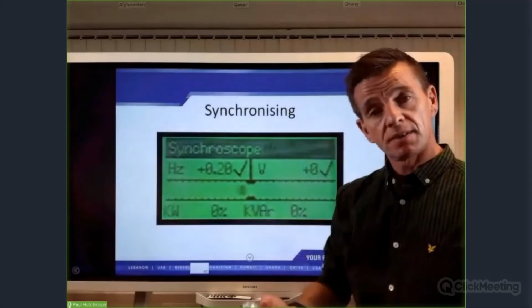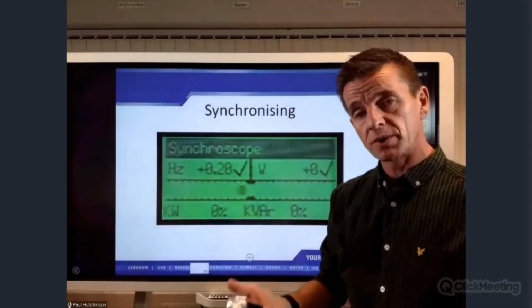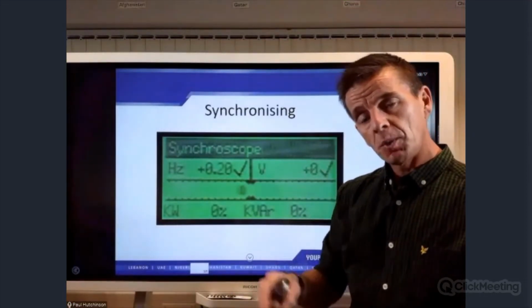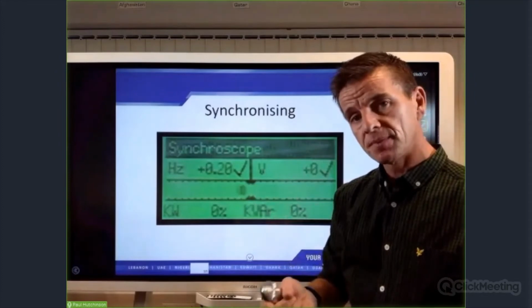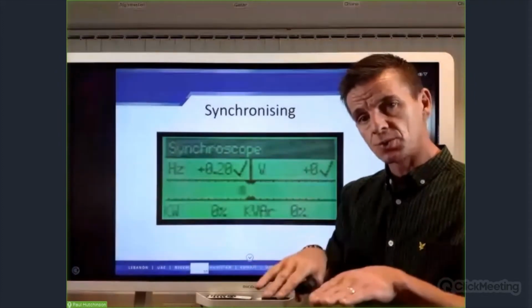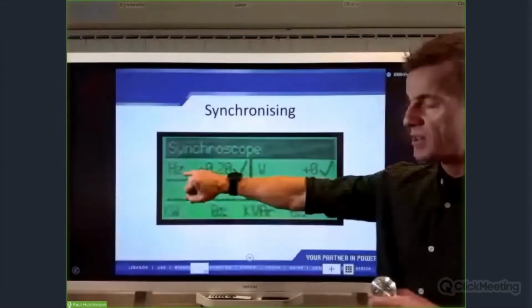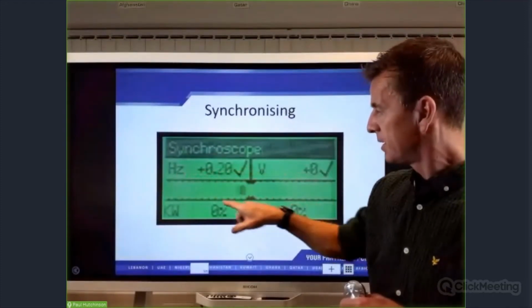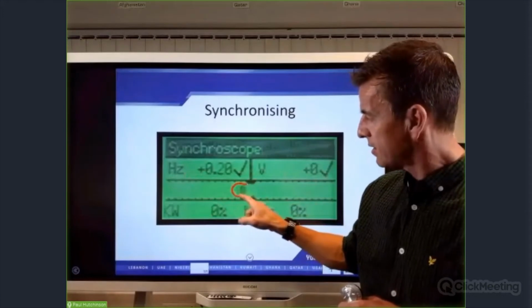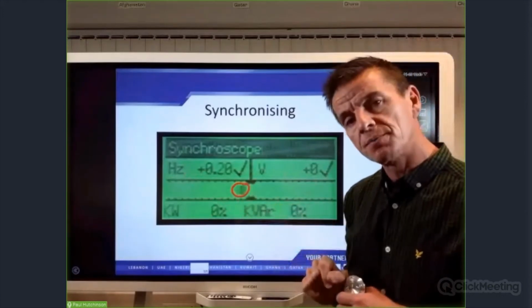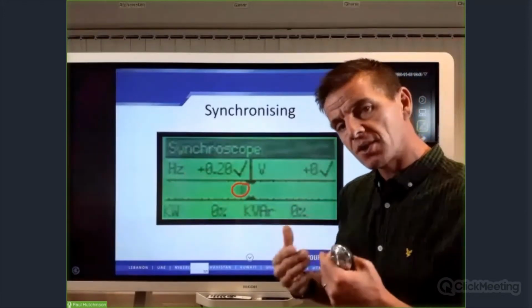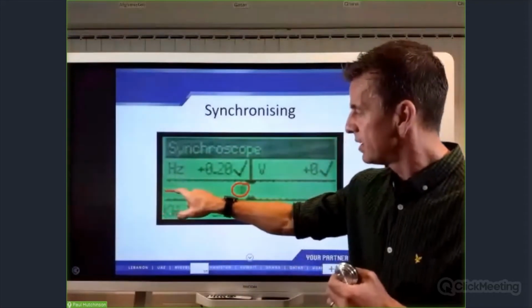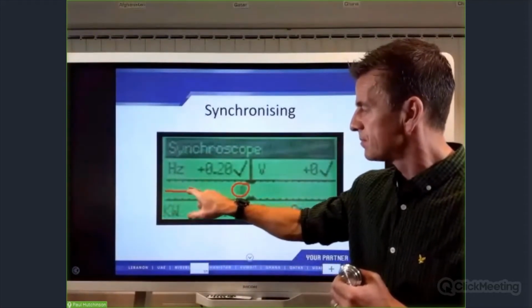So I said, Deep C is one of the common controllers that we use. When we go into the synchronizing screen and we're trying to synchronize two sources, we can see our frequency difference, our voltage difference, okay? You can see just here, this small cursor. And when you're in the synchronizing screen, you will see it moving in this direction, okay?